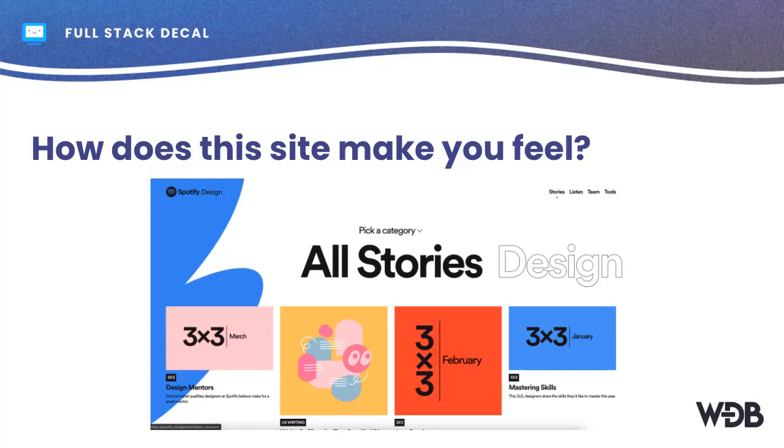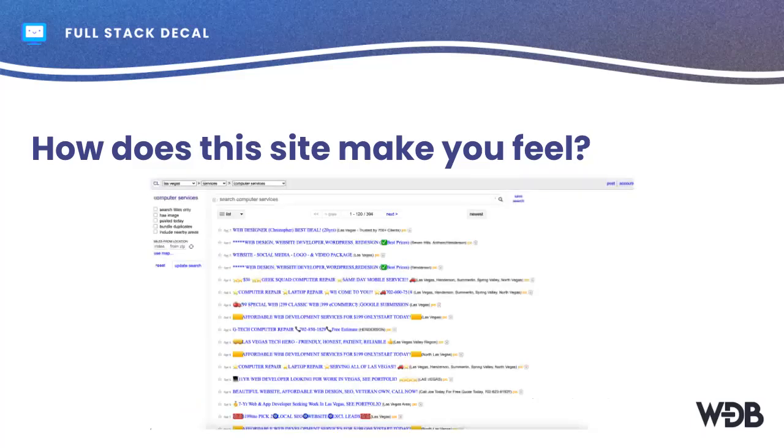Would you guys feel like that's a pretty good goal for what Spotify is trying to get at here? Yeah, generally, I think that's the goal because it is their Spotify design site, so they're trying to evoke that creativity.